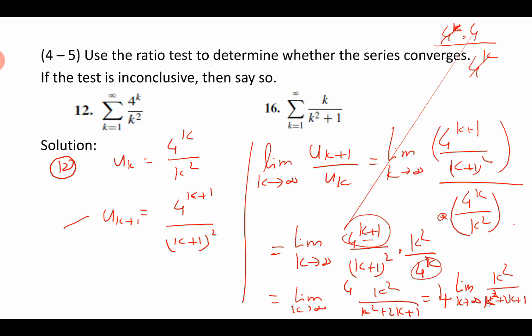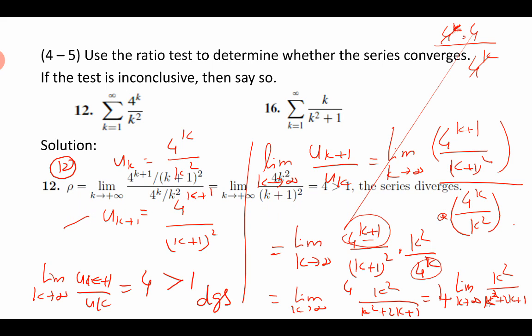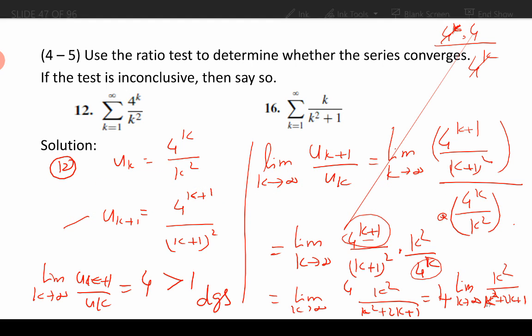So the limit of this one is 1 multiplied by 4. So the limit as k goes to infinity of uk plus 1 over uk is equal to 4, which is greater than 1. If it is less than 1, we say it is convergent. If it is greater than 1, we say it diverges. If it is equal to 1, this method fails, right? Okay. Let's see the second problem.